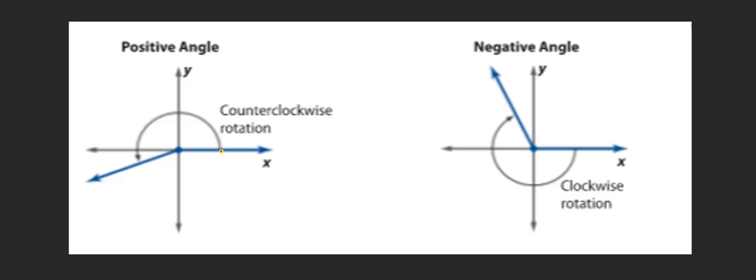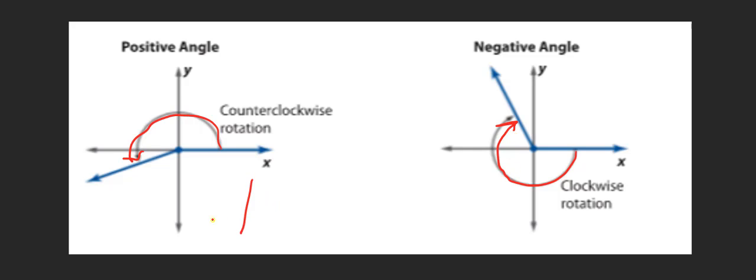Now, when you measure an angle in standard position, if you measure counterclockwise, then the angle will be a positive angle. But when you measure the angle from initial to terminal going clockwise, then the measure of the angle will be negative.